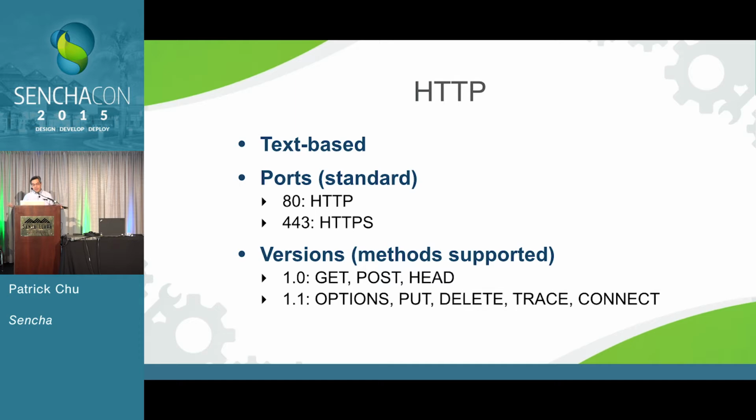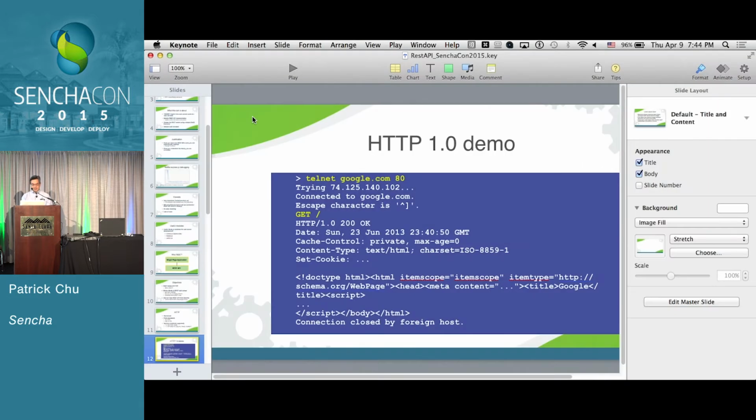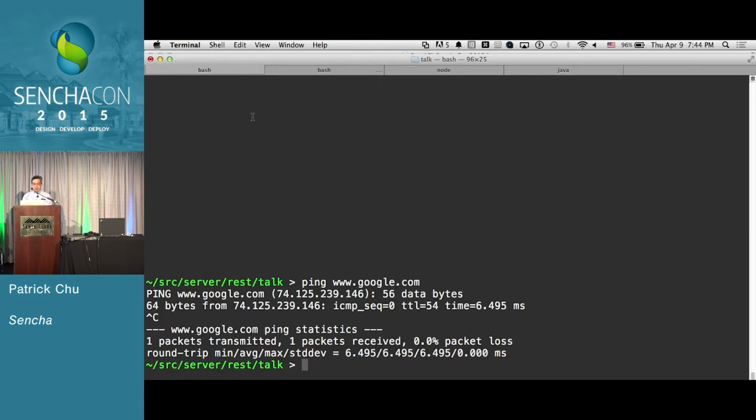So what's HTTP? It's what we use to transfer data. You all know this. Port 80. Let's take a look at how HTTP actually works. I'm going to talk to Google on port 80 using Telnet. Who's used Telnet in the past?